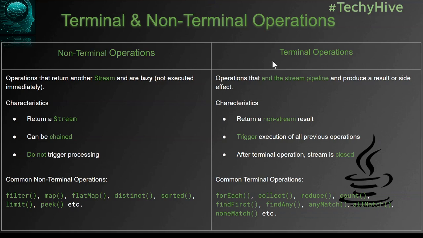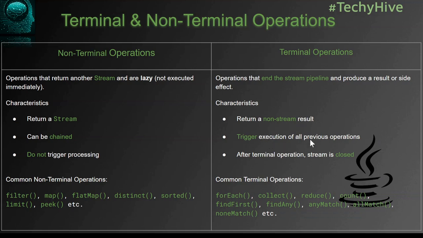So all these operations return a stream, and they are lazy by nature. On the other hand, terminal operations are the operations that end the stream pipeline and produce a result or side effect. So unlike non-terminal operations, terminal operations end the pipeline and they return a result or a side effect. Characteristics: they return a non-stream result. So they don't return any stream.